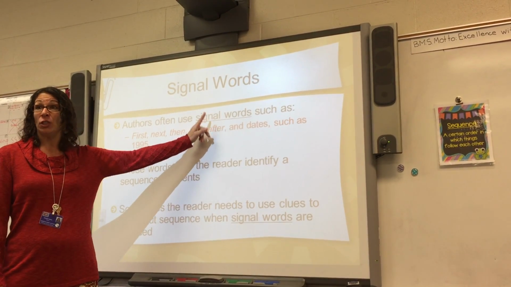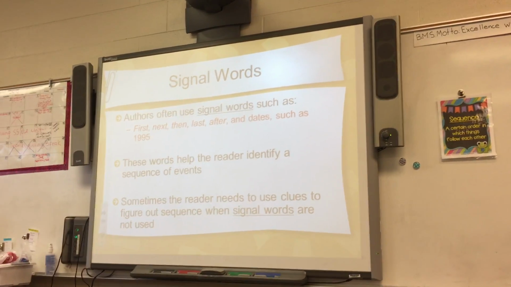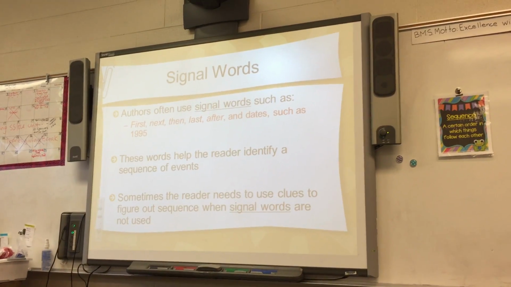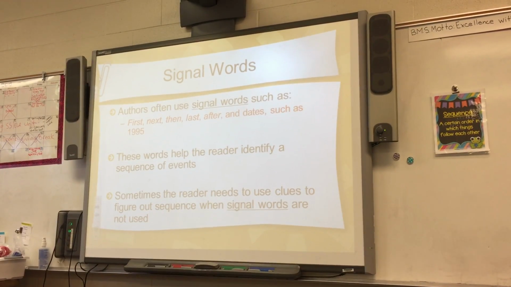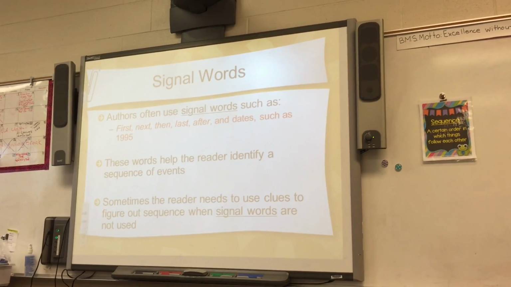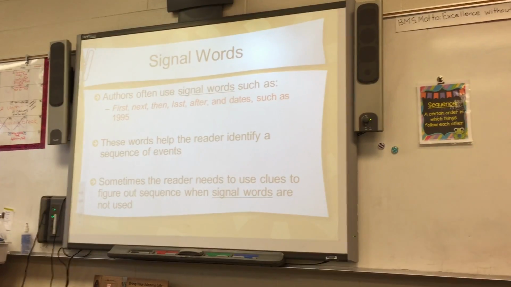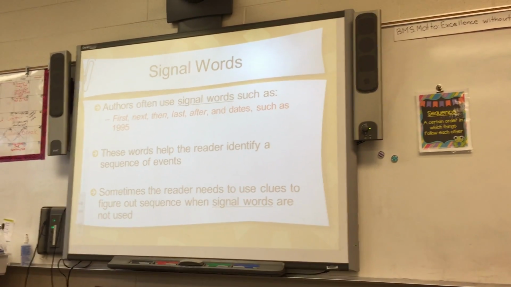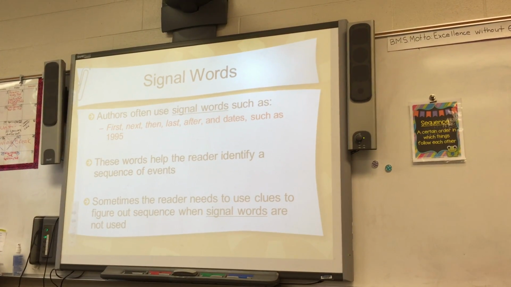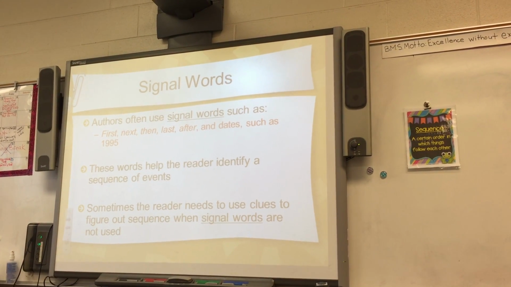You don't have to copy everything, just write signal words, make a colon, and then put these in there so you've got some examples of them. Ready?